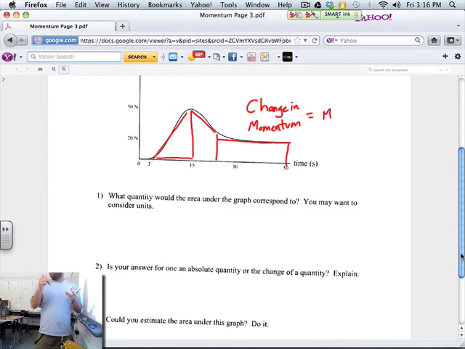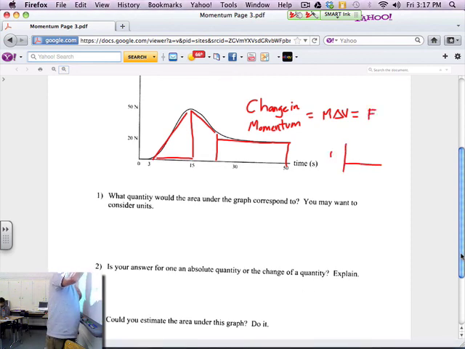An object's mass isn't likely to change. It could, but more likely, I would say it's a change in velocity that leads to a change in momentum. And the area of this graph, calculus or any other way, is much simpler if you have a constant force, and this is a rectangle. Are you guys with me?